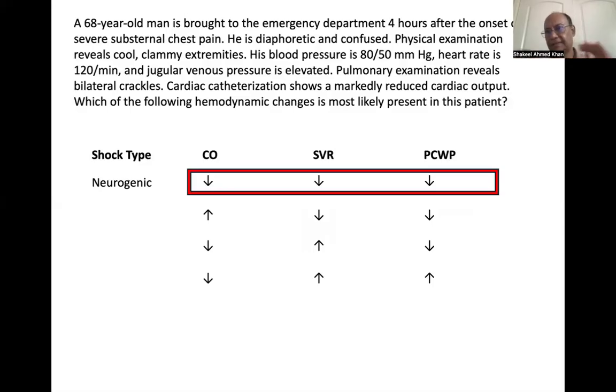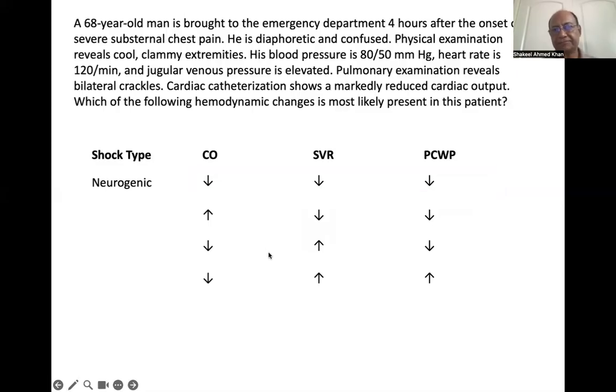The spinal cord is cut, and the vessels are not getting the signals for constriction, so he goes into shock. So in this neurogenic shock the cardiac output is low and everything is low because there are simply no signals there. The vessels are dilated, and the blood is pooled there. This is not hypovolemic. The blood is there, but the vessels are dilated.